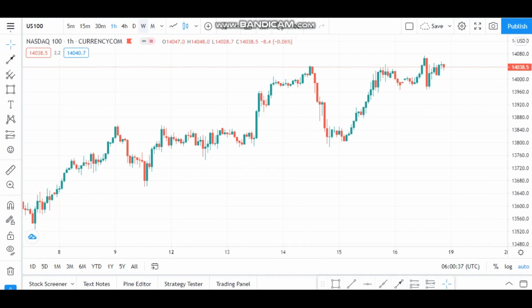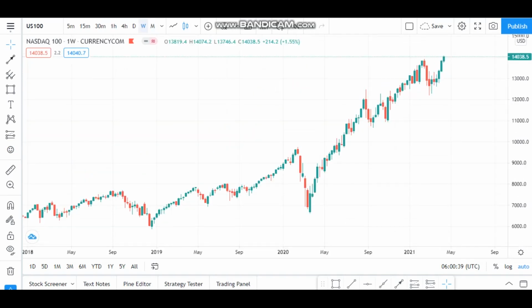So here on NAS, we go to the weekly time frame. It successfully moved bullish, but this is not how I anticipated this week, and I think maybe one of the reasons might be because the J&J vaccine was being stopped, rejected by the US government, and I think that's one of the effects that really affected Nasdaq and other Nasdaq related issues, if you could read along this week.